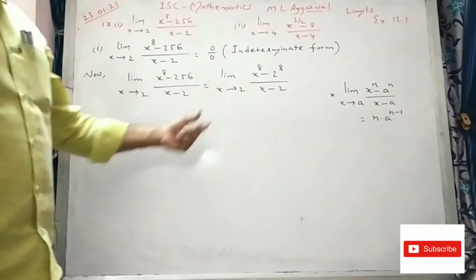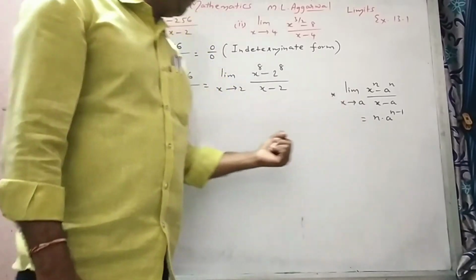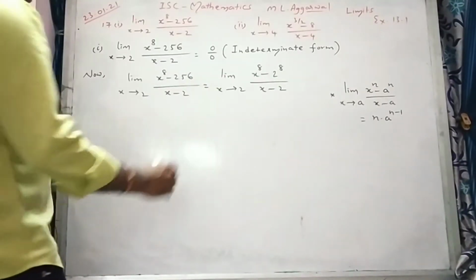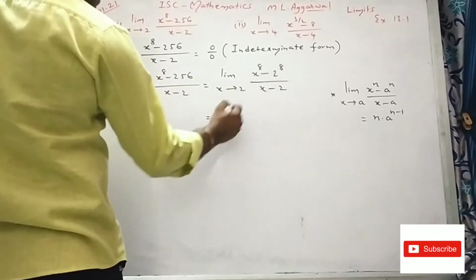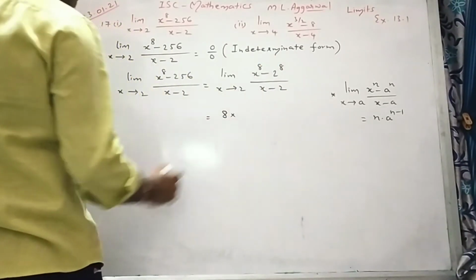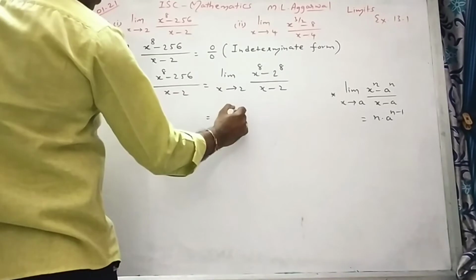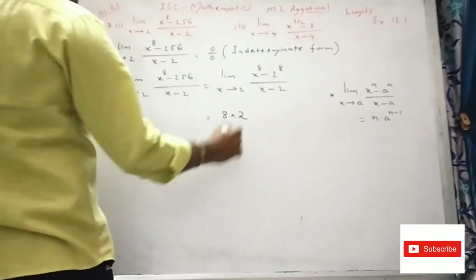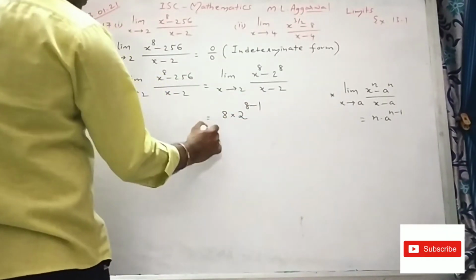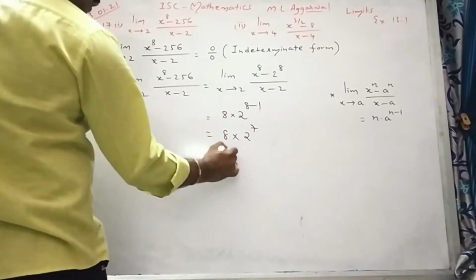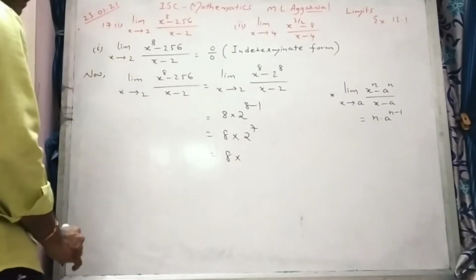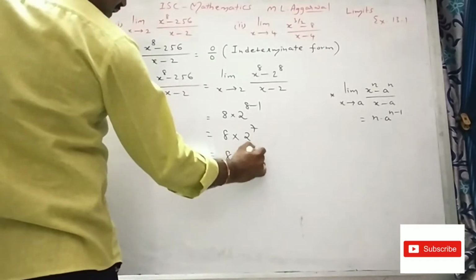If the given limit is in this form, we can apply directly n into a power n minus 1. Here what is the value of n? 8 into a means 2 power n minus 1, 8 minus 1. So 8 into 2 power 7.